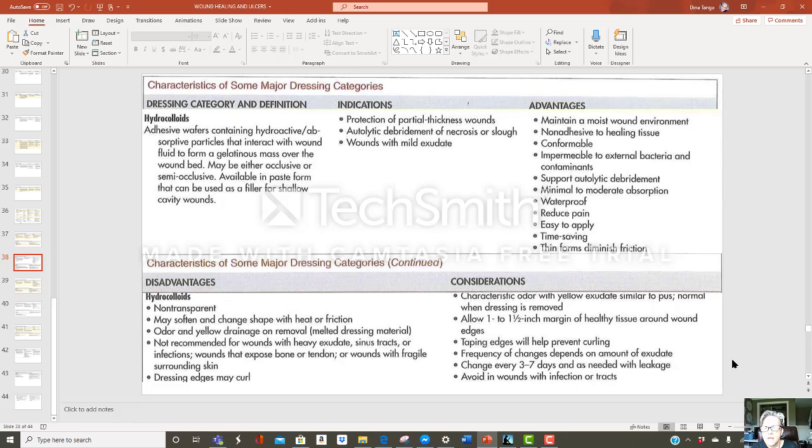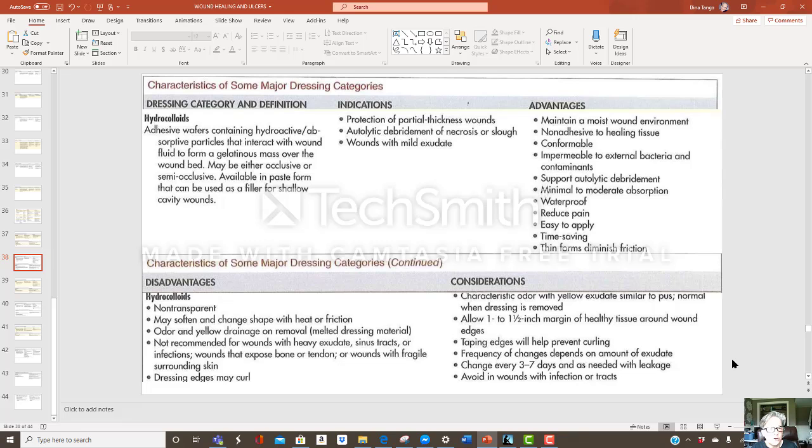Advantages: maintains a moist wound environment, non-adhesive to healing tissue, comfortable, impermeable to external bacteria and contaminants, supports autolytic debridement, minimal to moderate absorption, waterproof, reduces pain, easy to apply, time-saving, thin, forms diminish friction.